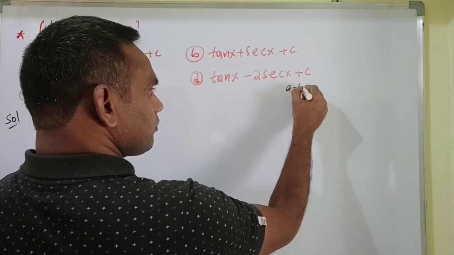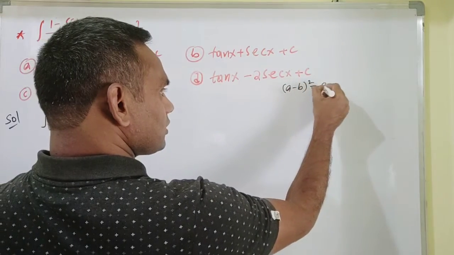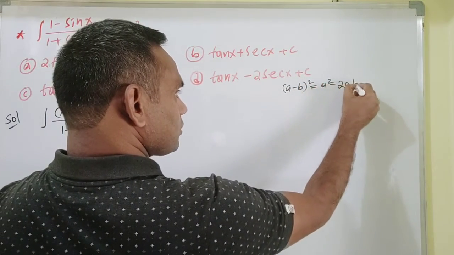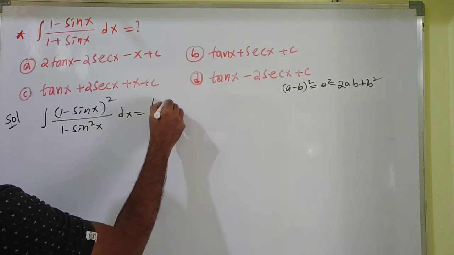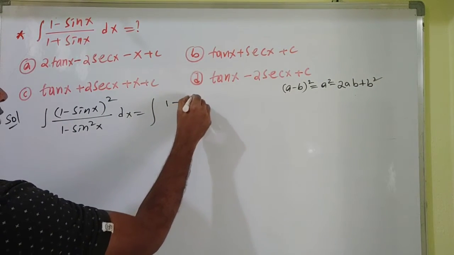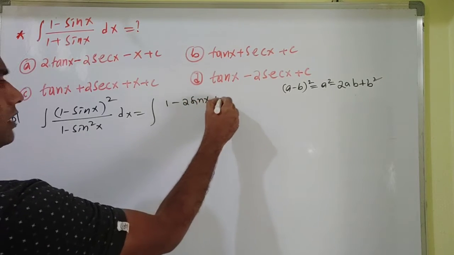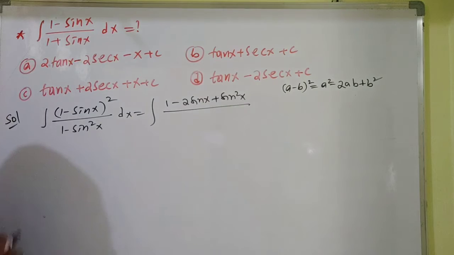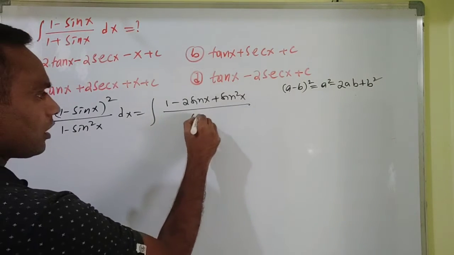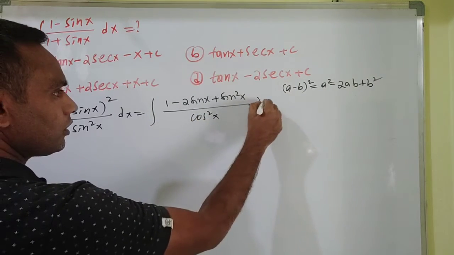We know that (a minus b) whole square is a square minus 2ab plus b square. So the numerator is 1 minus 2 sin x plus sin square x. The denominator is 1 minus sin square x, which we know is cos square x, dx.